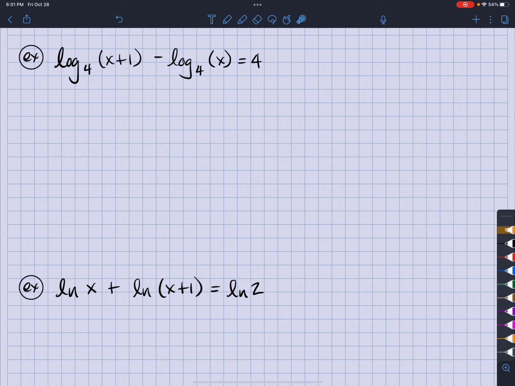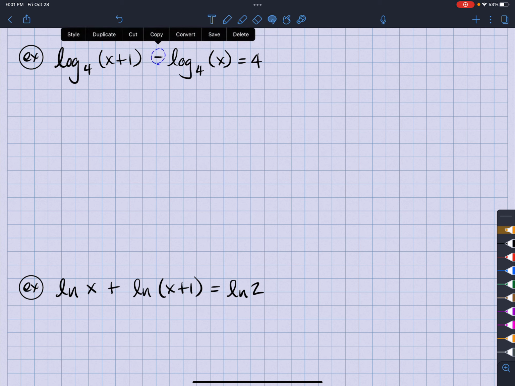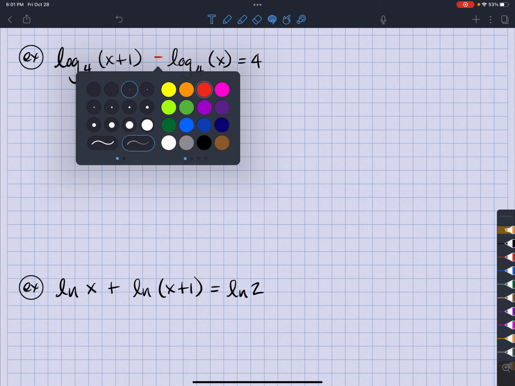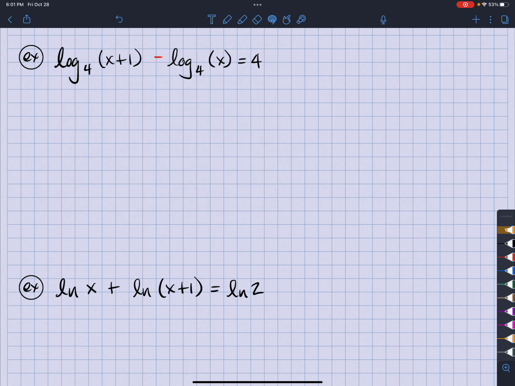My goal is, if I can get it to just one log, then that's what I want to do. In this case, same thing. I could get this down to one log, because what I see here is 2 logs with a subtraction. Well, what does a subtraction mean?